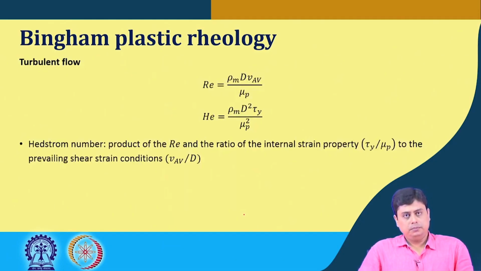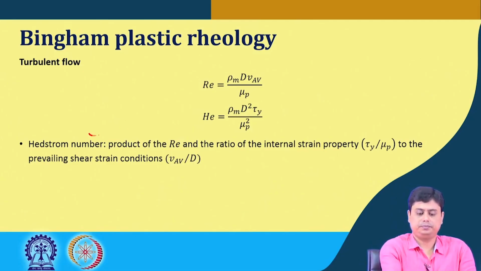In turbulent flow, which means we have to again check what is the Reynolds number. Now, in this case, the regime transition for the Bingham plastic depends on these two dimensionless numbers. One is the Reynolds number as well as the Hedstrom number, which is He.